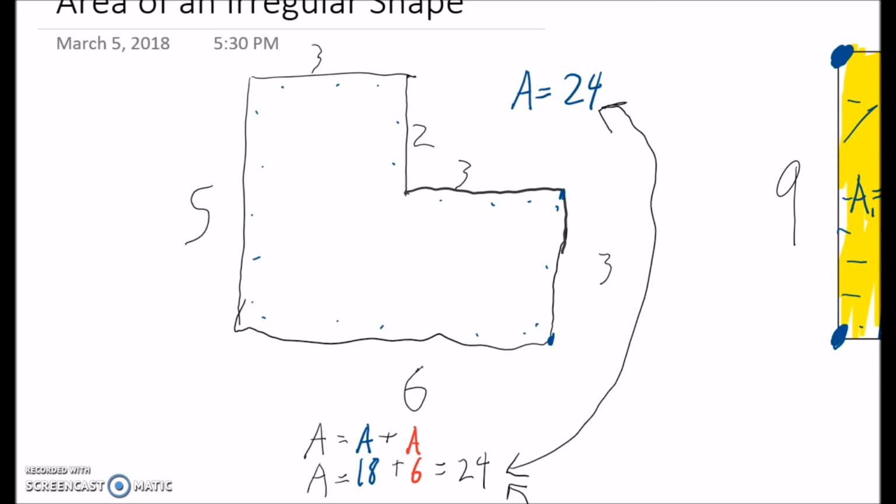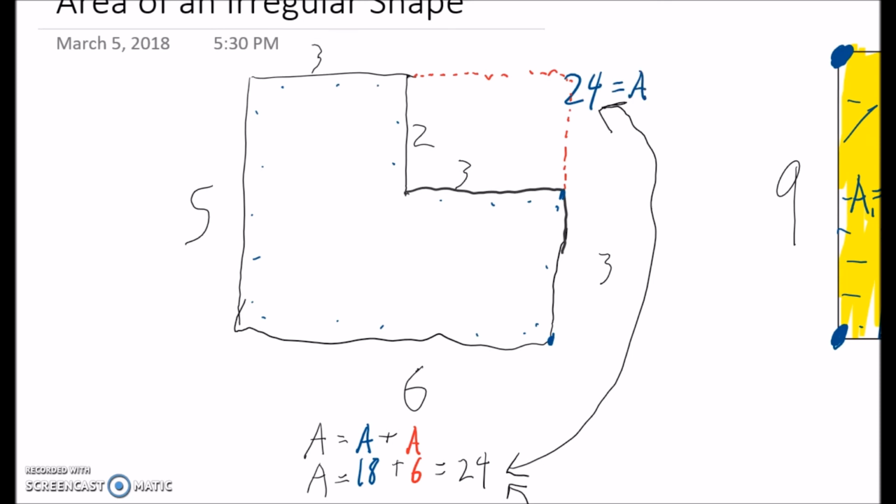Okay, so the one last way you can go about doing this is to count this new square down here. So I'm going to leave this blue 24 over there.